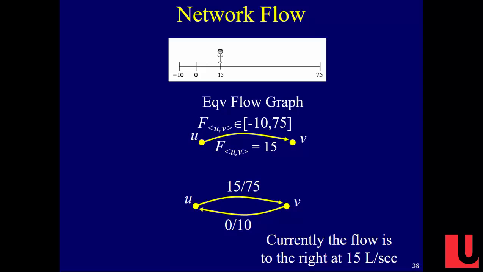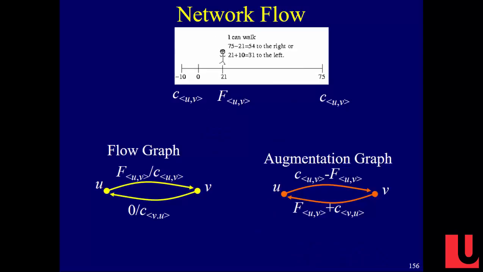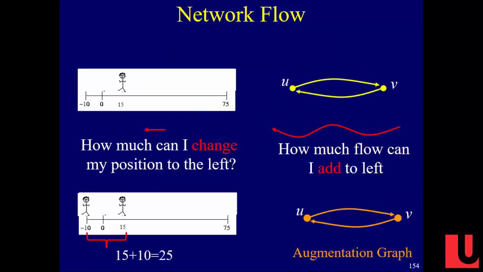So if I increase the flow in this direction by a negative amount, then it decreases this number. If I increase it in this direction, then I'm decreasing this number. I get that 10 plus 15 is 25, but you're pulling it back from making negative 15 from third right away.